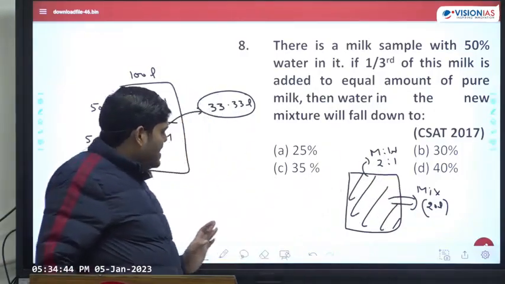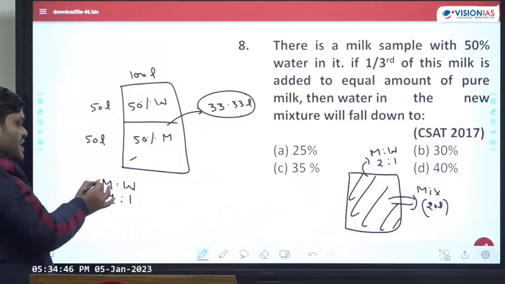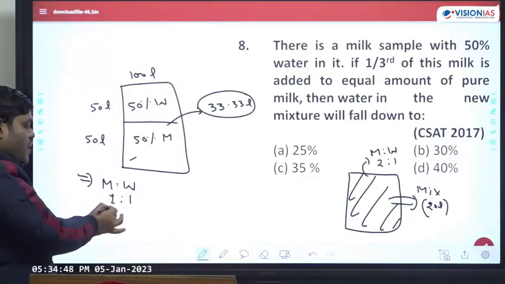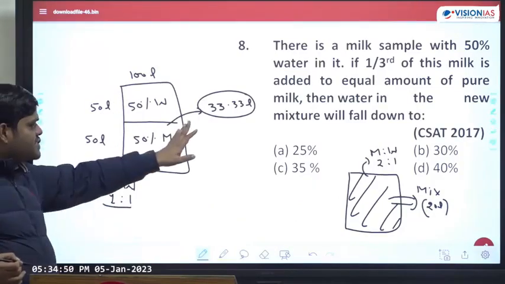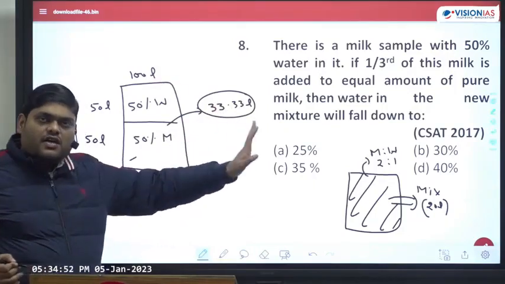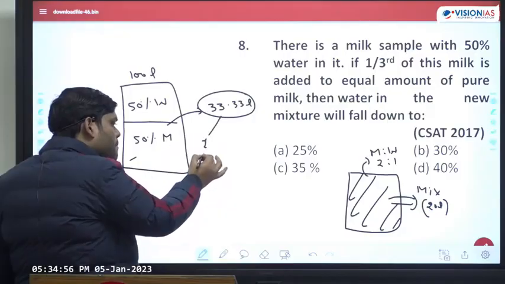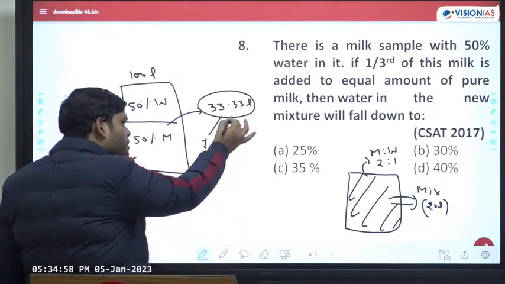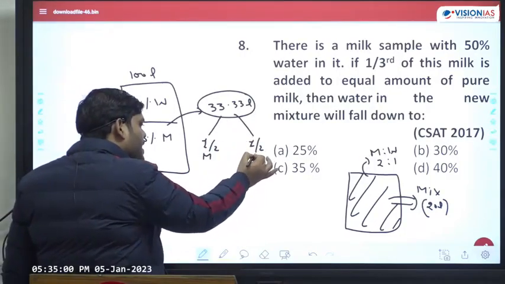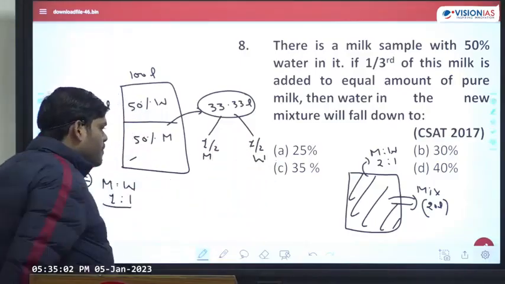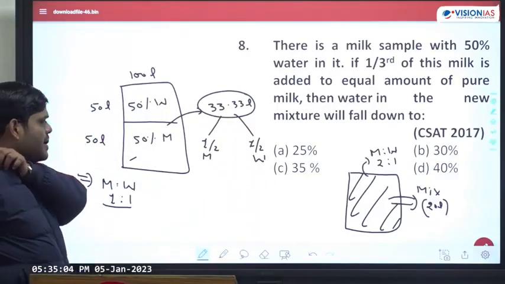So if in this mixture milk and water is 1:1, and you are taking 33.33 liter out, half will be milk and half will be water.